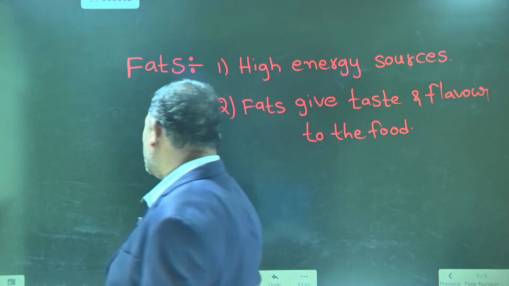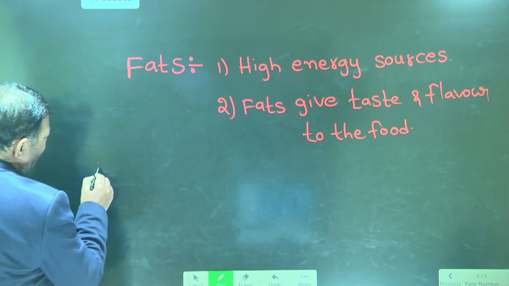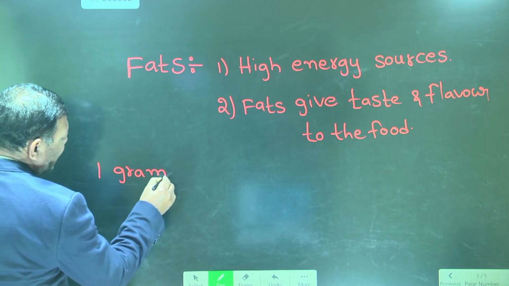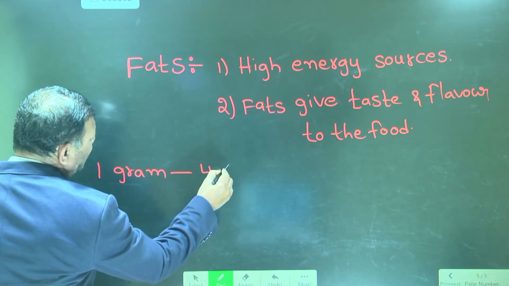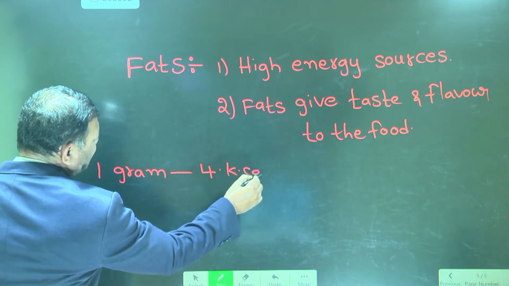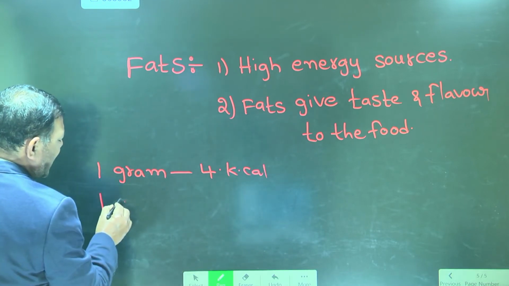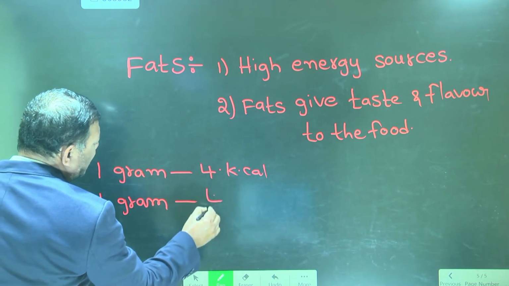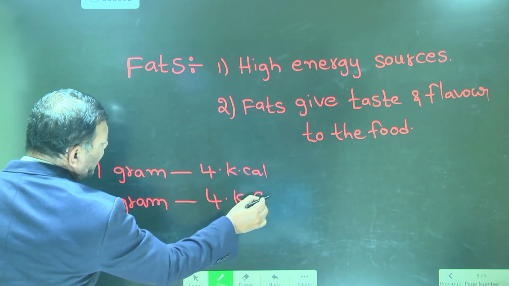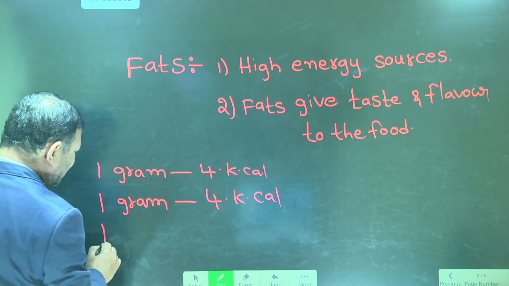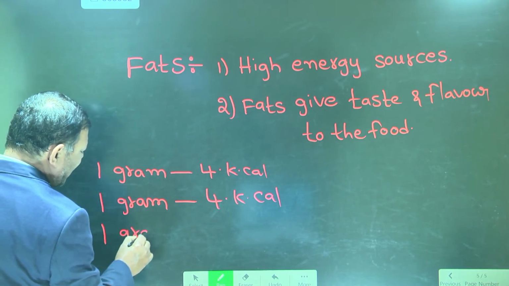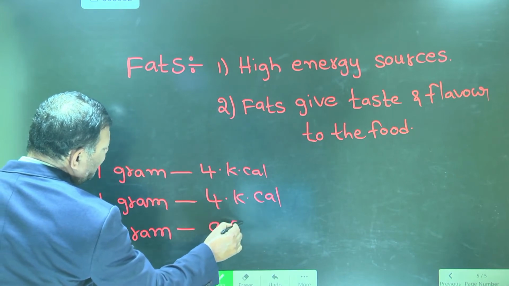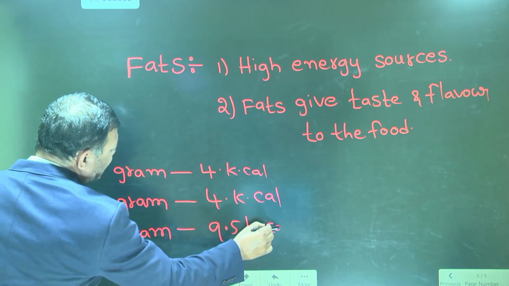For example, 1 gram of carbohydrate gives 4 kilocalories of energy. 1 gram of protein gives 4 kilocalories of energy. 1 gram of fat gives 9.5 kilocalories of energy.